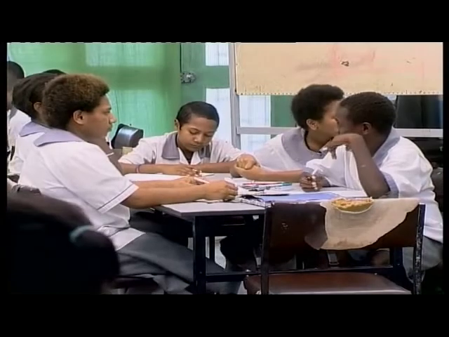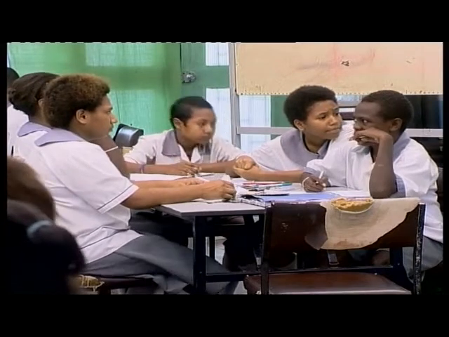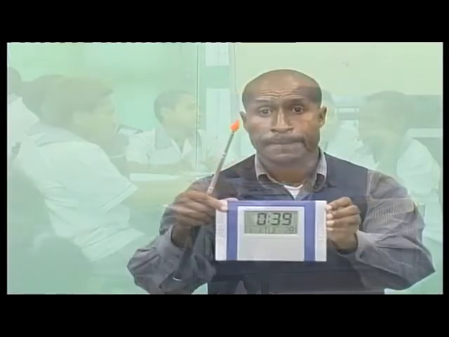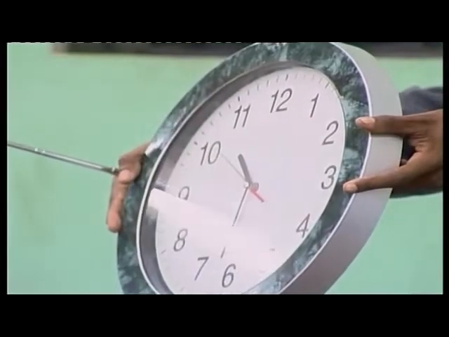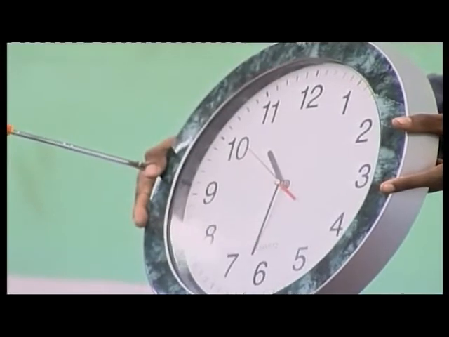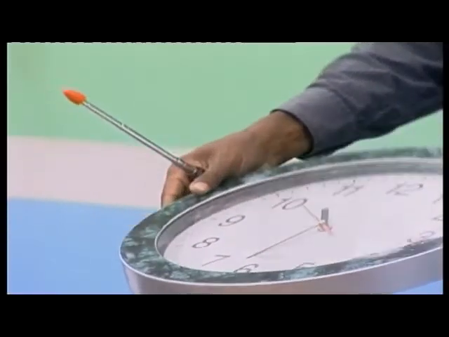They show time in 12 hours, whether it is a digital time or an analog time. So most of the clocks and watches, the time is given in 12-hour time.